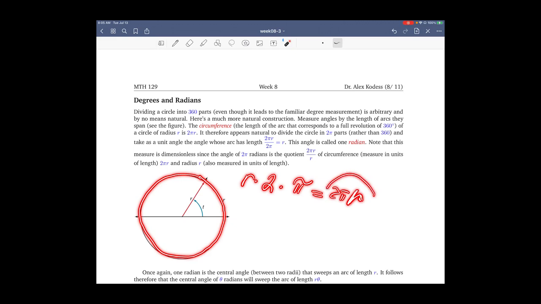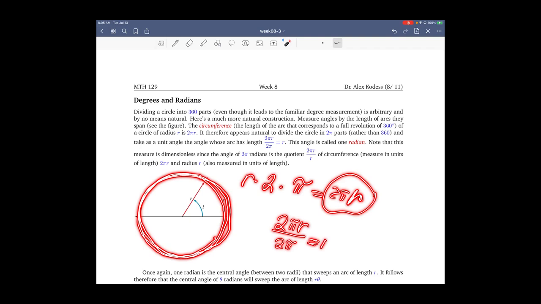Because of that, it seems very natural to divide the circumference of a circle into 2 pi equal parts. When you divide the circumference of a circle 2 pi r into 2 pi equal parts, you will get that each part, each arc, has length r.